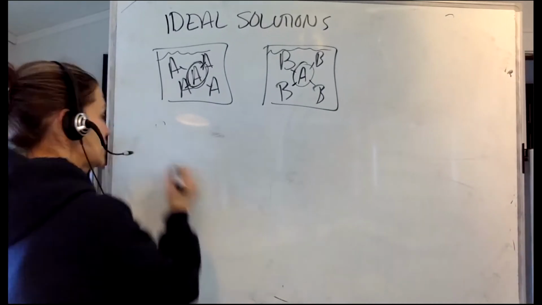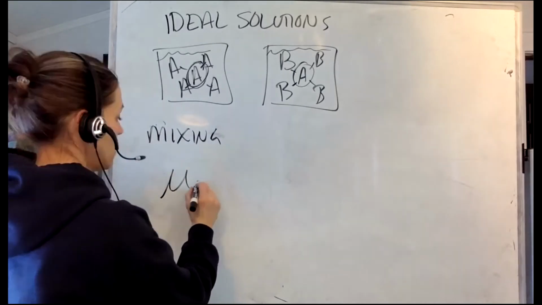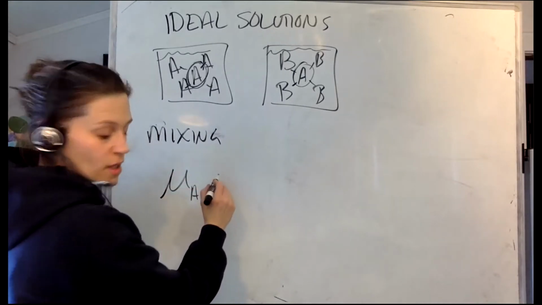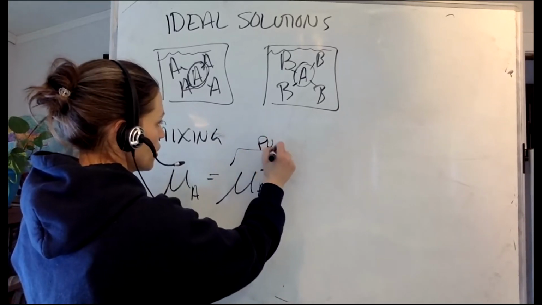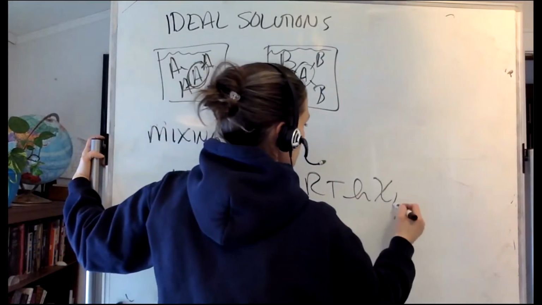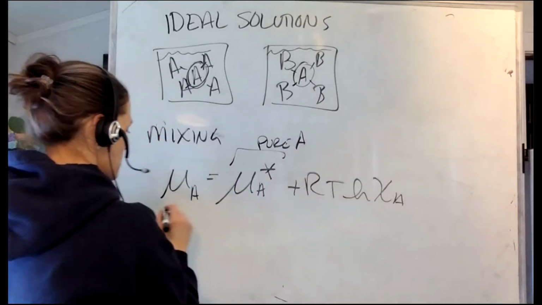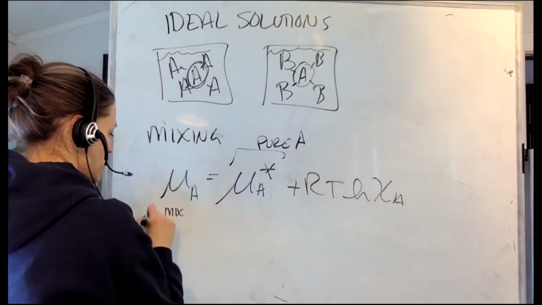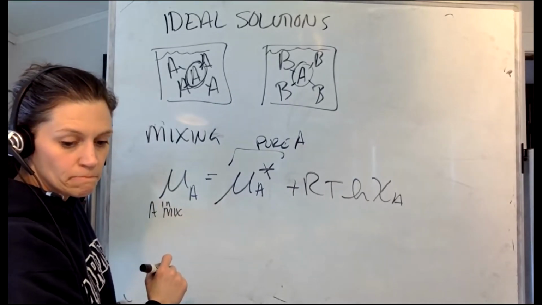Okay, so for mixing, we have mu of our component A is equal to mu A star, this is pure A, plus RT log mole fraction of A. This is the mixture, so this is A in the mixture. Cool.